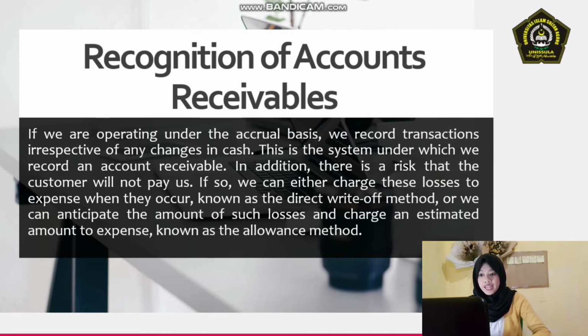If so, we can either charge these losses to expense when they occur, known as the direct write-off method, or we can anticipate the amount of such losses and charge an estimated amount to expense, known as the allowance method.